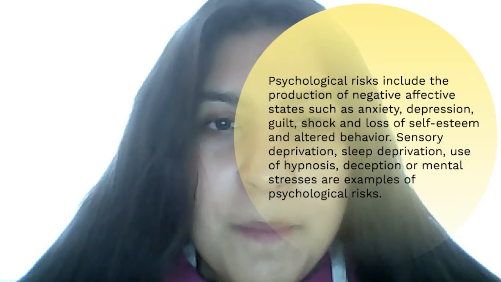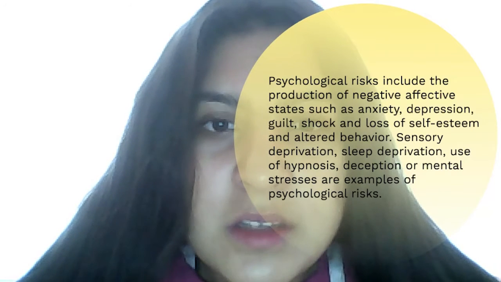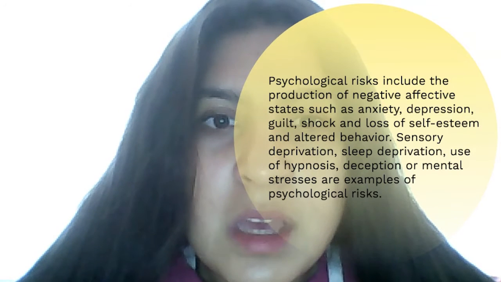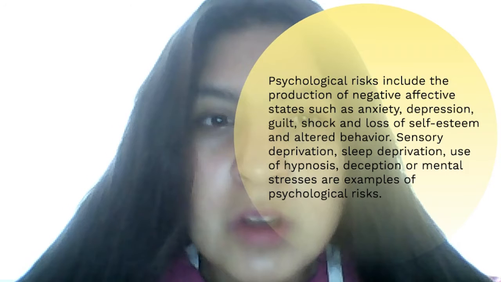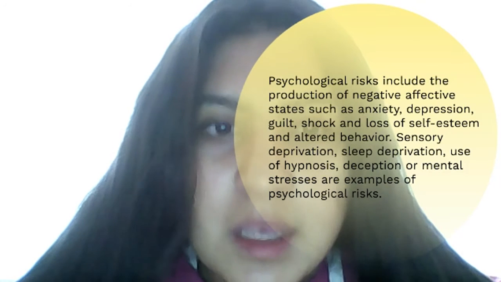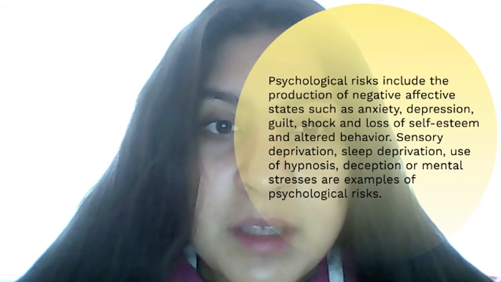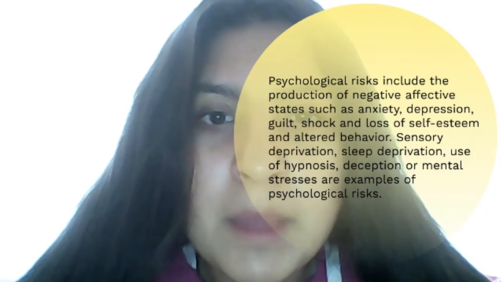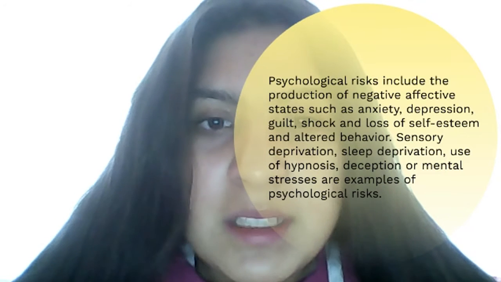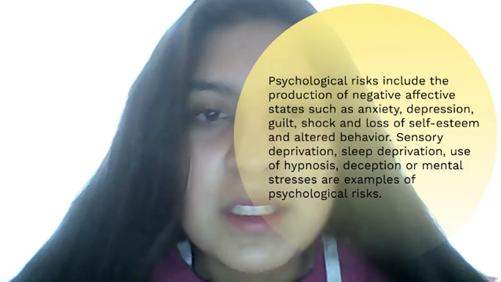These include the production of negative affective states such as anxiety, depression, shock, and loss of self-esteem. Sensory deprivation, sleep deprivation, use of deception, or mental stress are examples of psychological risks.